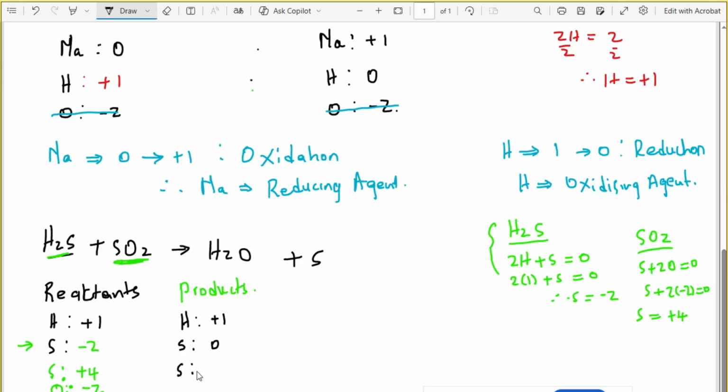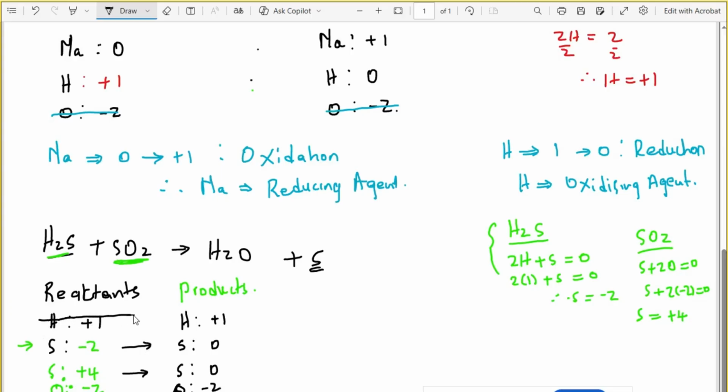And then another one, remember we are trying to pair these things, right? So this one we can use for that one. So for this one, still it's 0. And then oxygen, it's always -2.